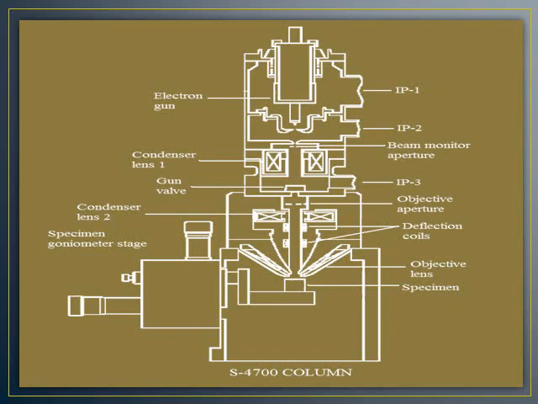The size of the interaction volume depends on the electron's landing energy, the atomic number of the specimen, and the specimen's density. The energy exchange between the electron beam and the sample results in the emission of electrons and electromagnetic radiation, which can be detected to produce an image.